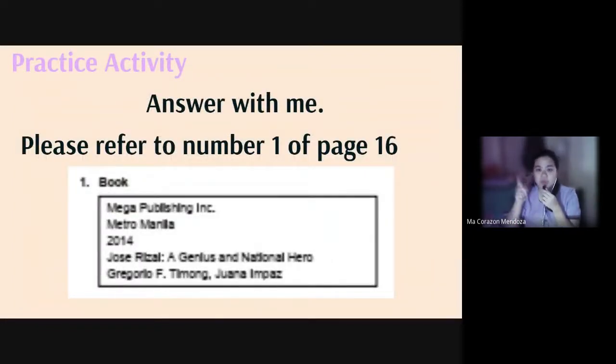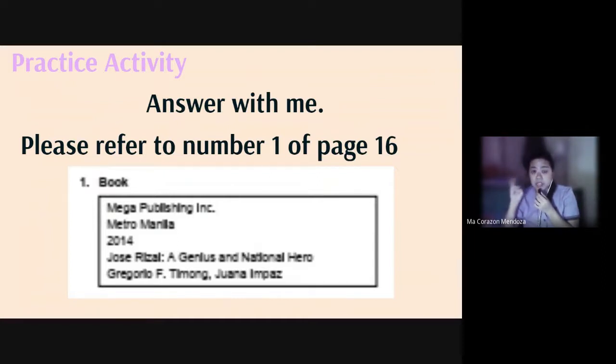Okay, so we're already done with the discussions and we will have a practice activity. Please answer with me. No need to write this in your paper. This is found as well in your module, page 16, number 1. Now let's identify the parts. Mega Publishing Incorporated is the publishing house.